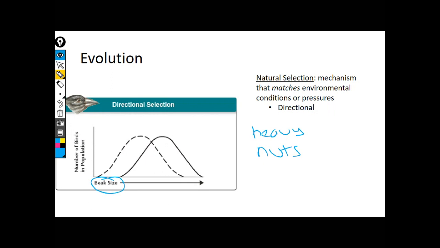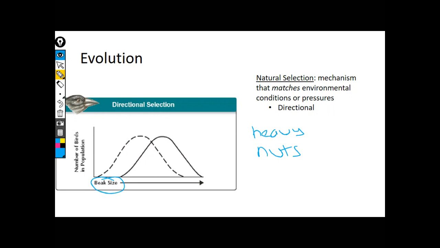our finches or our birds population probably had a wider variety of beak sizes, right? But as they were trying to crack these heavier nuts, something you might picture like a walnut or a Brazil nut, right? I hate cracking Brazil nuts. Those things are impossible to get into.